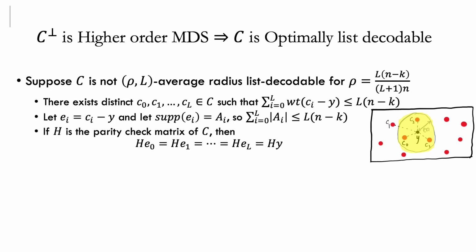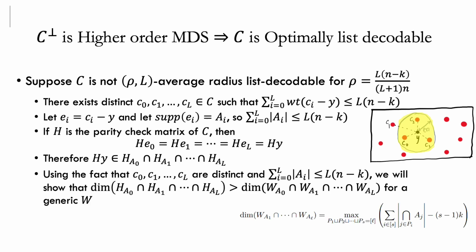Now, an important observation is if H is the parity check matrix of the code, then H of E0 all the way to H of EL is equal to Hy. And this is because each codeword times H is equal to 0. Therefore, Hy is in the intersection of these spaces HA0 through HAL. Further, since these codewords are distinct, we can then argue that the dimension of the intersection of these spaces HA0 through HAL is bigger than what it would be generically.